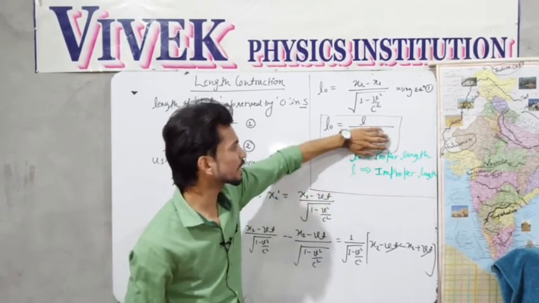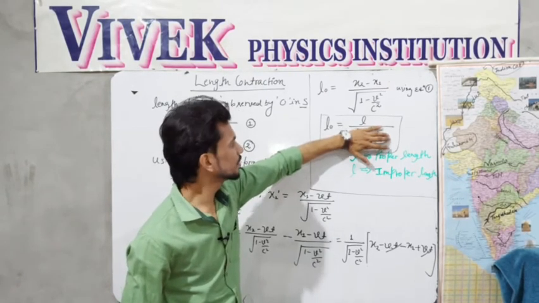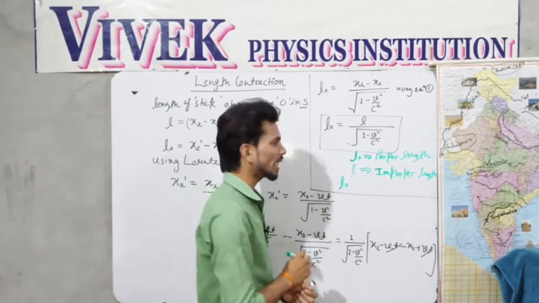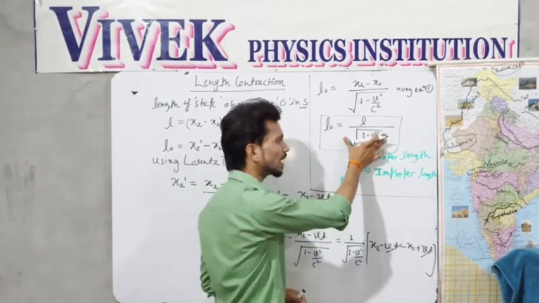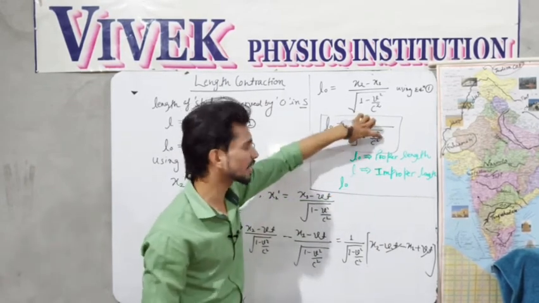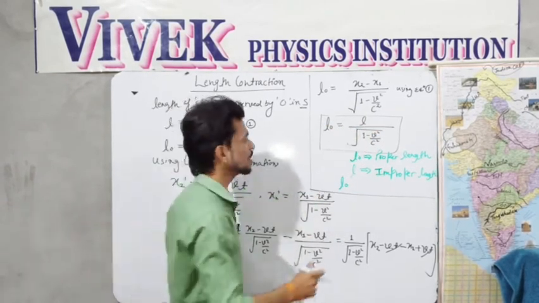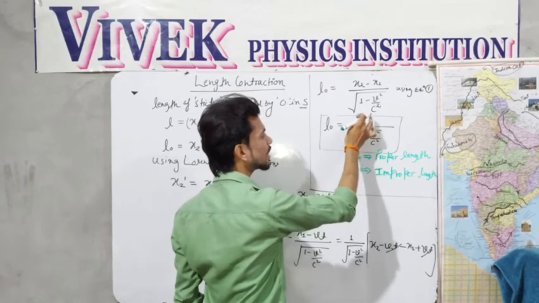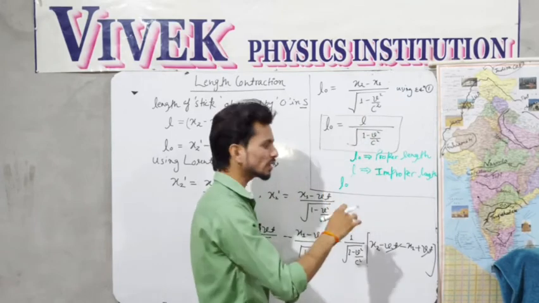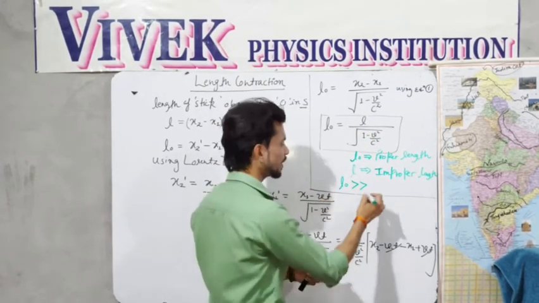It simply means that L naught here is divided by a very small value, and when we divide something by a very small value, it becomes greater. This is a simple basic rule of algebra. So this complete value will be greater by 1, so L naught will be greater than L here.